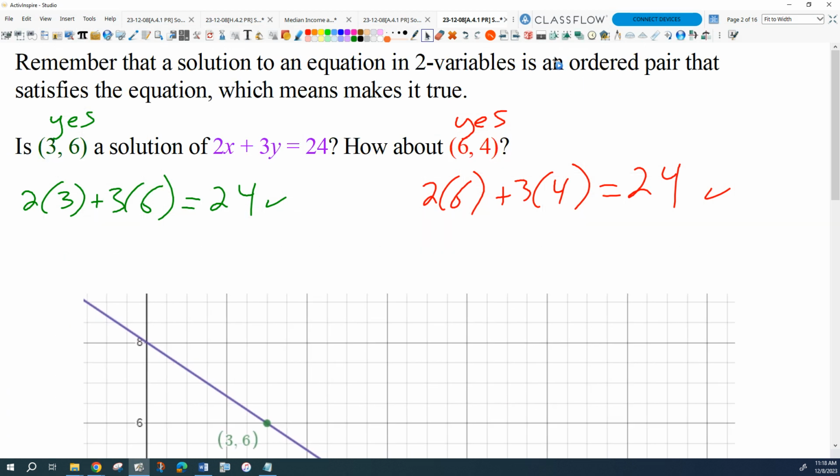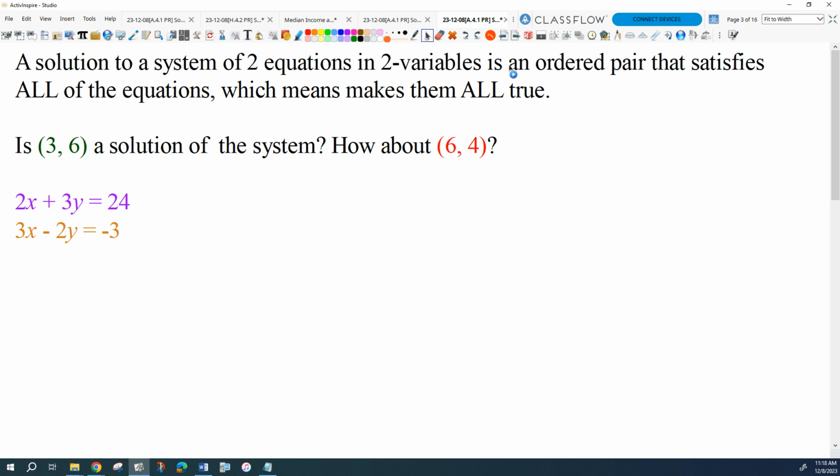Okay, and move on. Okay, so now we're going to step up to a system. A system in math means more than one of something together, taken together. So if we have a system of two equations in two variables, that just means I've got two different equations, each with two variables, and the system includes both of them at the same time, okay?